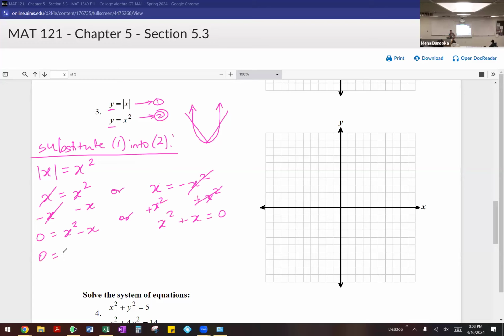How can we solve, looking on the left-hand side, x squared minus x equals 0? Because we don't have a constant term, right? We don't have that plus c term. We just have the ax squared plus bx term. So how can we simplify x squared minus x equal to 0?